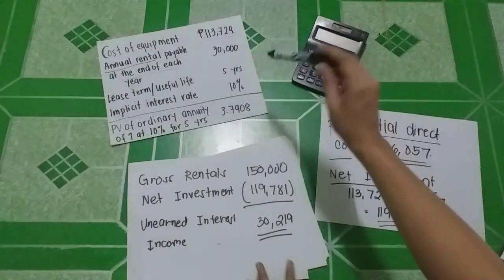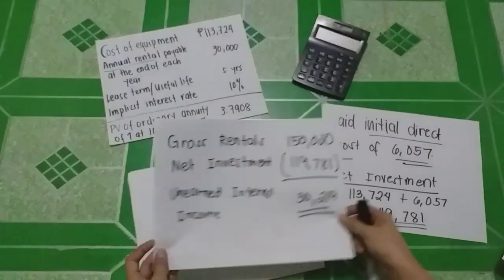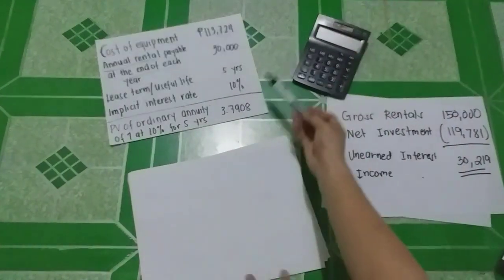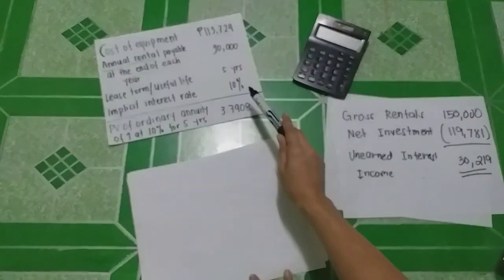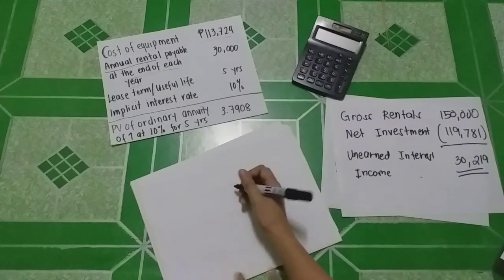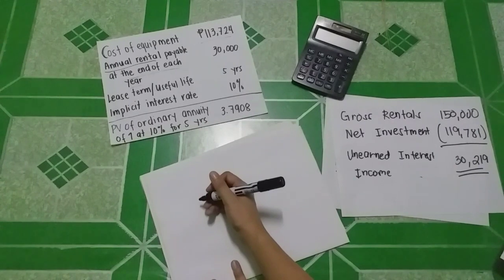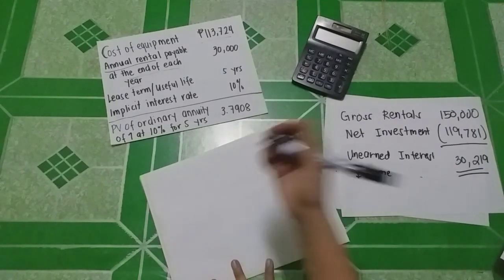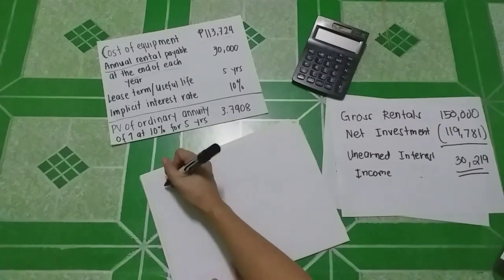So we should get the new interest rate. So knowing that our old interest rate is 10%, we should get the new one by trial and error. So since there is a reduction, we should consider an interest rate lower than 10%. So let us try 9%.